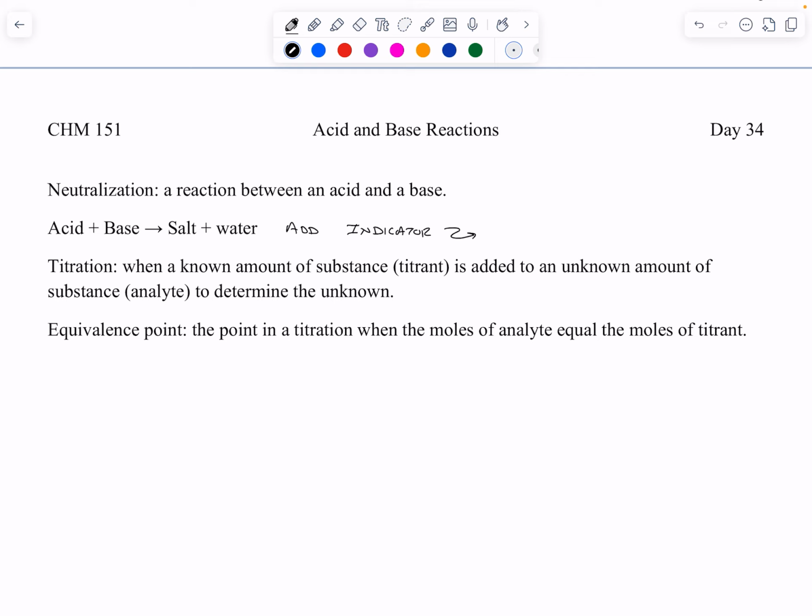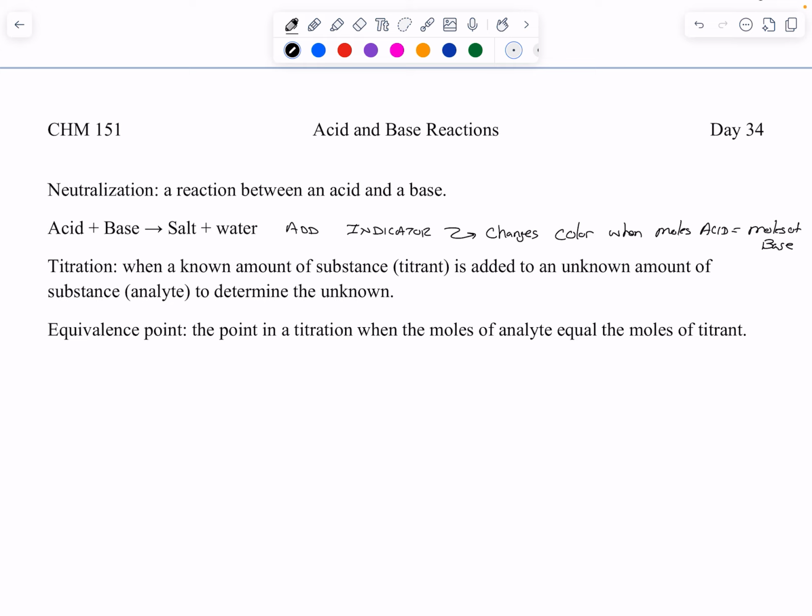This changes color when moles of acid equal moles of base. And you get to pick the indicator. That's more of a Chem 2 topic, so we're not going to dive into that right now. But that's what we would do, so that all of a sudden there's a color change when appropriate.